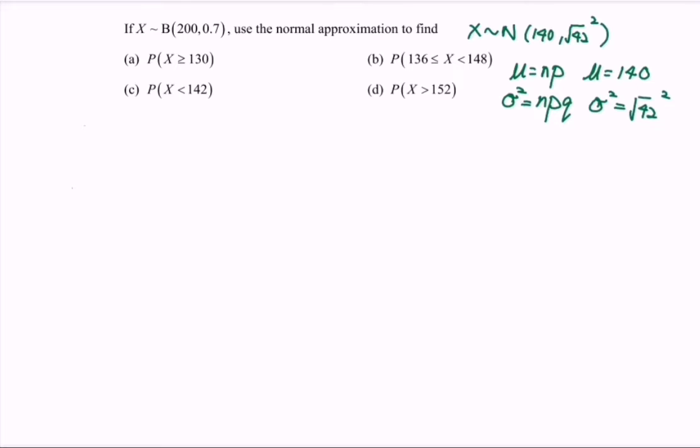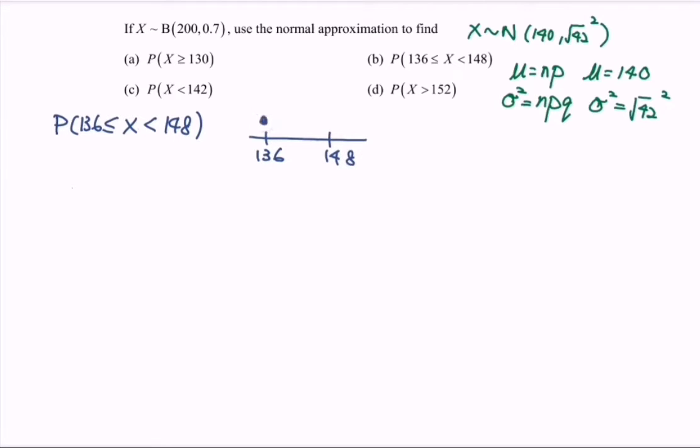Kindly refer to B, where we have the probability that x is greater than or equal to 136 and less than 148. Step number one is the continuity correction, because at the starting point we are in the binomial distribution and now we are using the normal approximation. By referring to the number line, here we have 136 and 148.